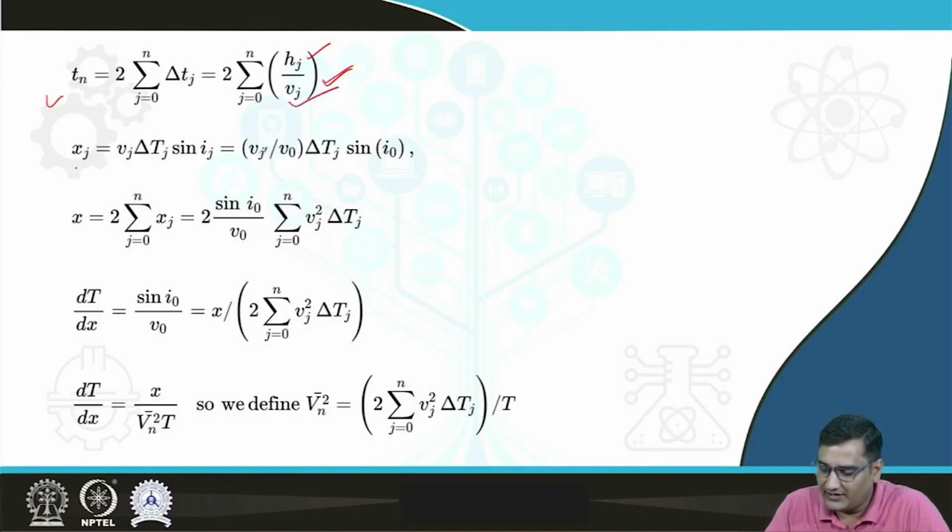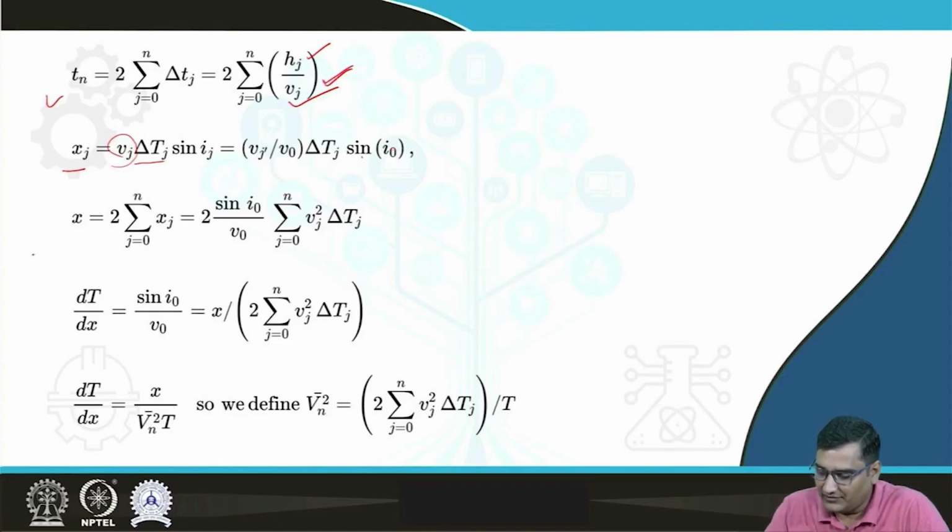If you want to find out the distance traveled by the ray in the jth layer, that can be calculated by taking the product of the velocity multiplied by the time it takes in each layer. So that can further be calculated by vj dash by v naught delta tj sine I naught.